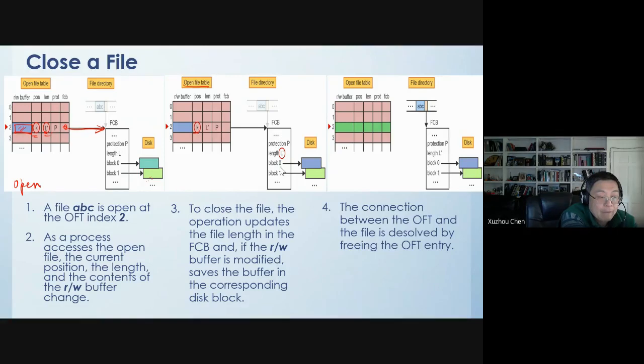Okay. So every piece of information should be copied to the file control block, because the information in the OFT is the updated information for the file. If the file has been updated or modified, the information over here has been modified, but the FCB may not be.